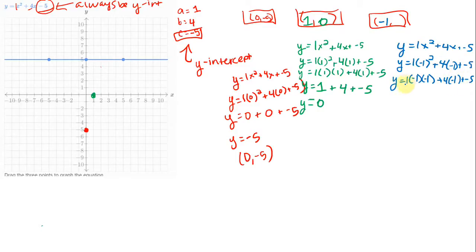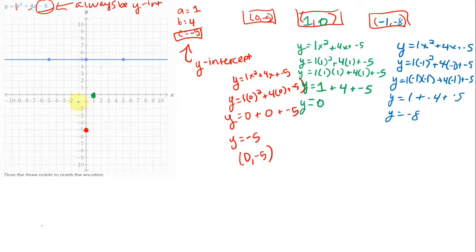All right, and this is going to come out 1 times negative 1 is negative 1, times negative 1 is positive 1. Plus 4 times negative 1 is negative 4, plus negative 5. And negative 4 plus 1 is negative 3, plus negative 5 is negative 8. So right there, when x is negative 1, y equals negative 8.